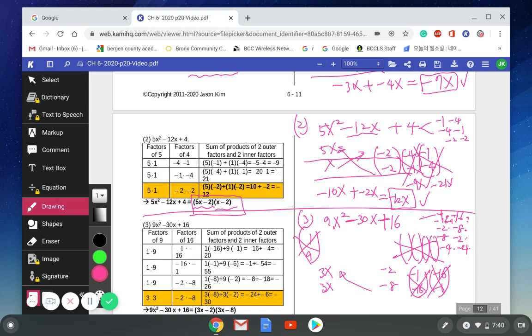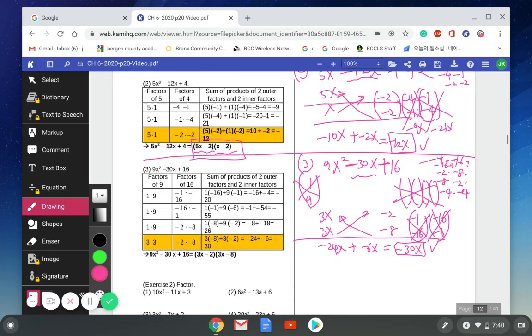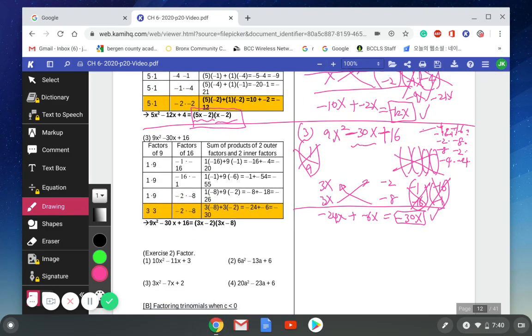When I cross multiply, it becomes negative 24x. When I cross multiply the other way, you get negative 6x, so I end up with negative 30x. Bingo, that's the middle term. So this setup should work. So 3x minus 2 and 3x minus 8 worked.